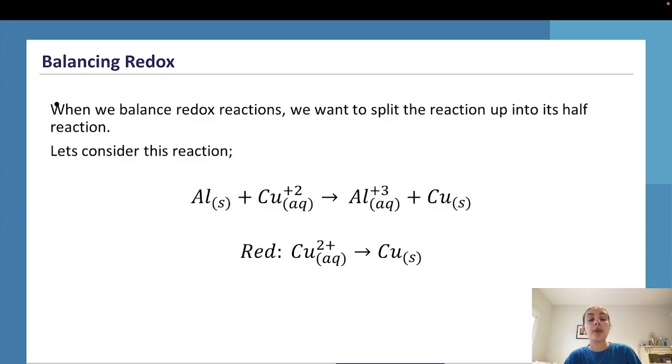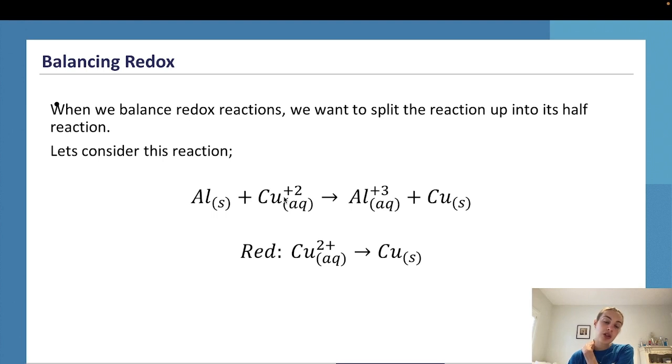So in order to split them up, we first will want to determine what's being reduced. So we can see that we've got copper going from copper 2+ to copper solid. And so we can see copper solid has a charge of 0, whilst copper 2+ obviously has a charge of +2.